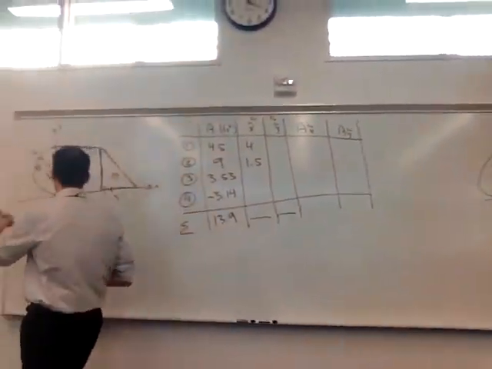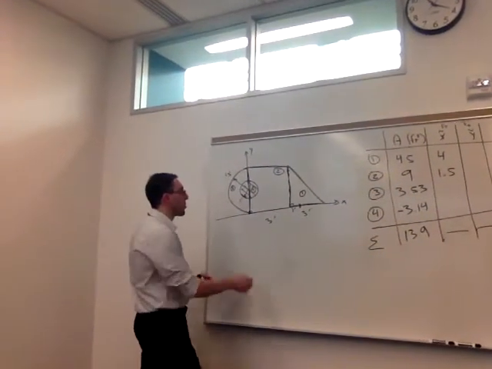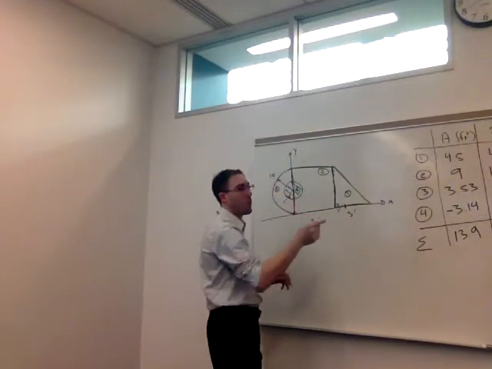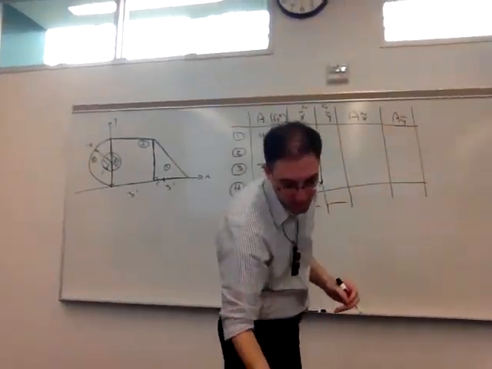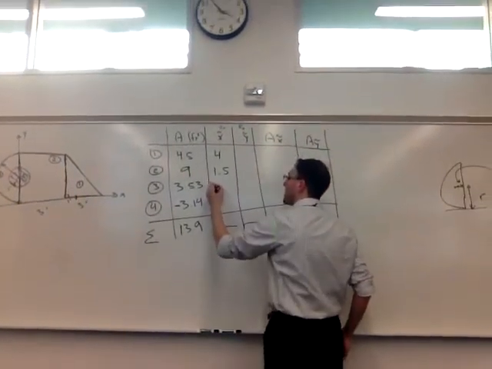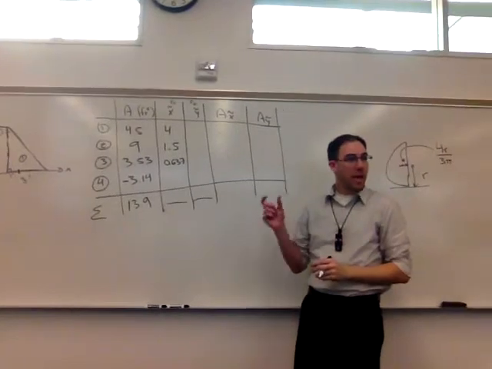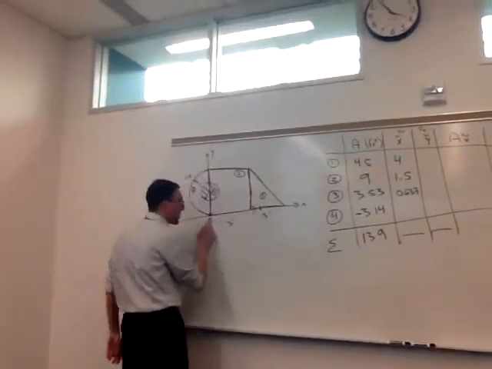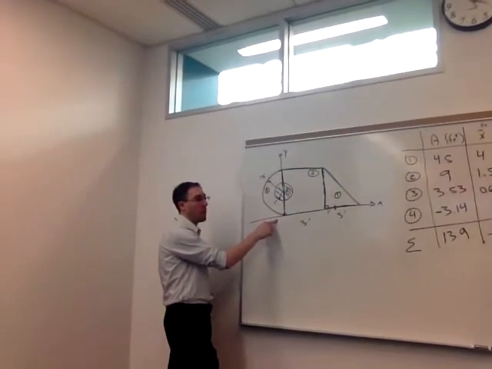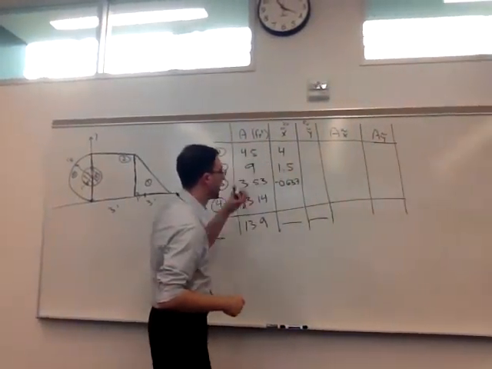So again, this filled in half circle, somewhere around here is going to be its centroid. So this distance will be 4r over 3 pi. So to 3 digits, that's going to give us 0.637. Again, the x tilde, y tildes are measured with respect to the origin. So from the origin, we have to go to the left by 0.637. So this value is going to be negative.